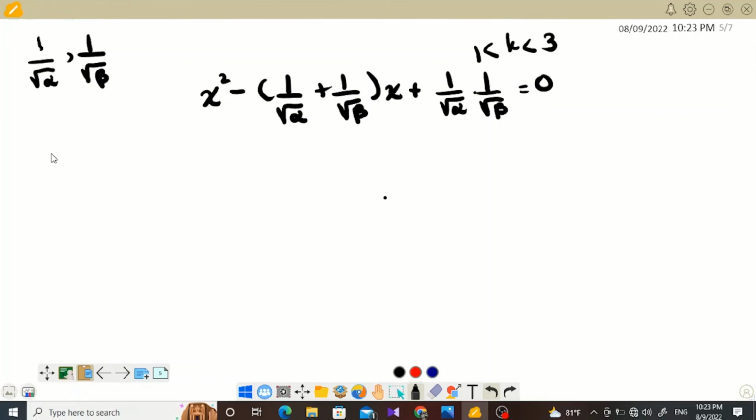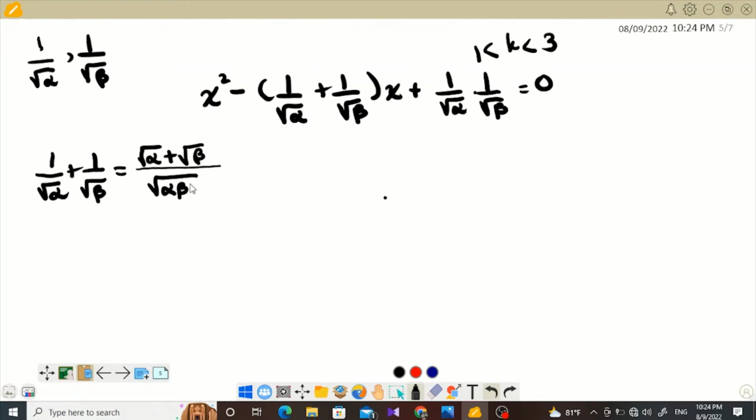First I take 1 over root alpha plus 1 over root beta. I am taking the common denominator as root alpha beta. So if we find the value for alpha beta, then I can find the value for root alpha beta. In the numerator we get root alpha plus root beta, but we don't have any value for root alpha plus root beta.